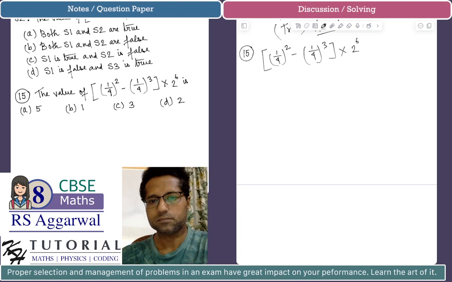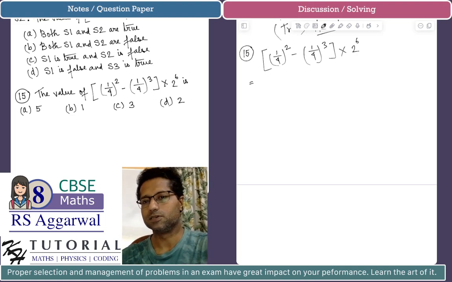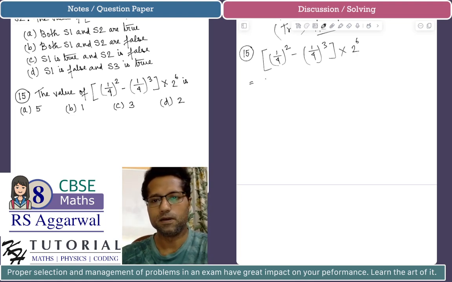That is, I will distribute the multiplication over subtraction and it will become (1/4)^2 multiplied by 2 to the power 6 minus (1/4)^3 multiplied by 2 to the power 6.